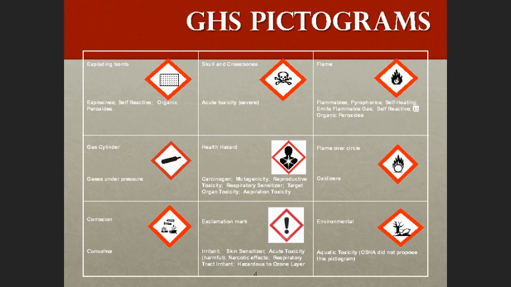So in this particular case, we see that we introduce the participant to the global harmonization system pictograms, and then we might also reference the handout that can be printed out or saved as a PDF, for example, on a computer for reference later.